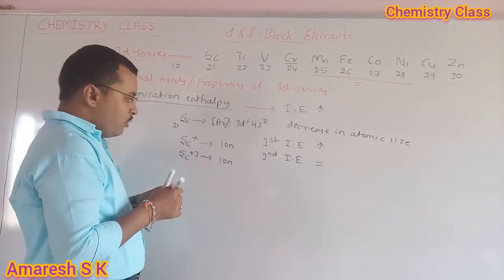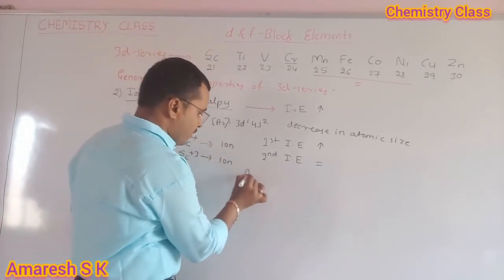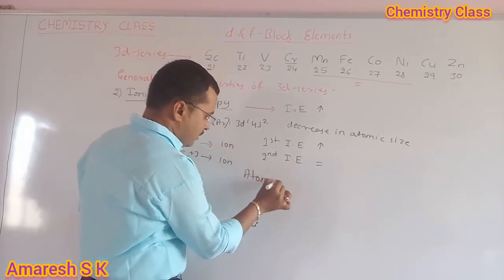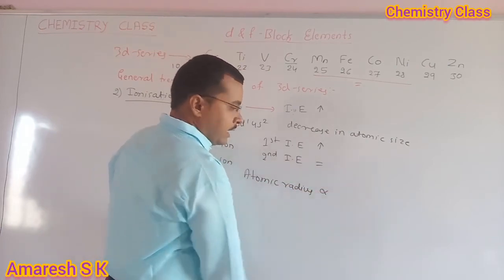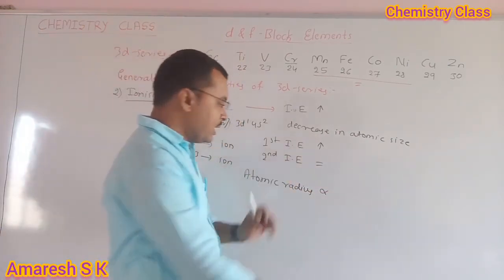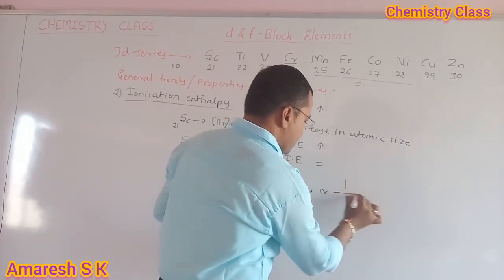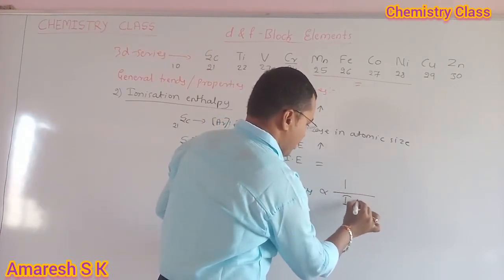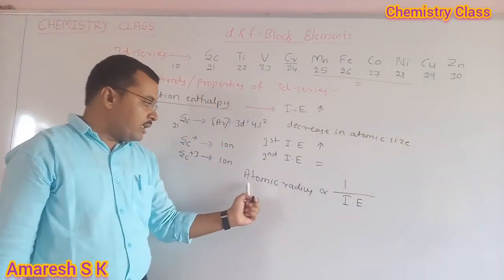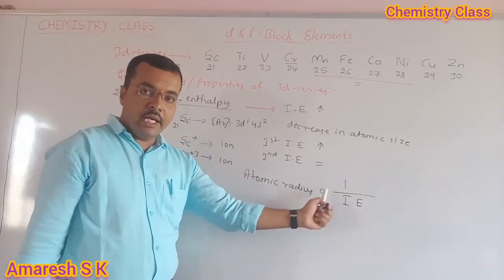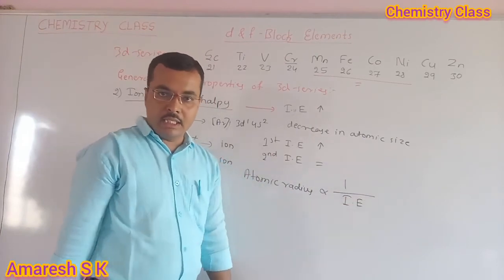For this we can write a relation: atomic radius is inversely proportional to ionization enthalpy. It means when the atomic radius is going to increase, ionization enthalpy is going to decrease.